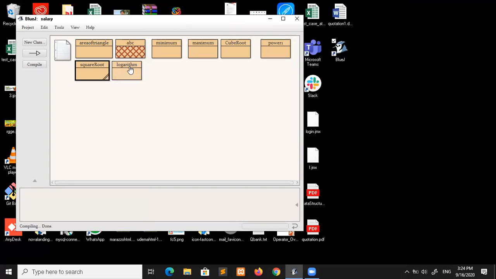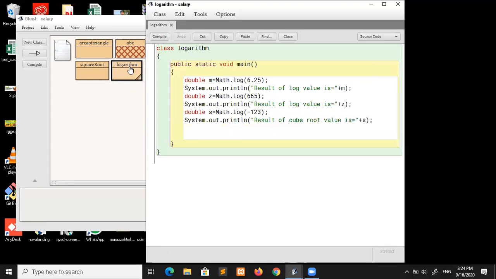Now the next one is logarithm. So over here, once again for the logarithm, the log function is being used. So that is log.